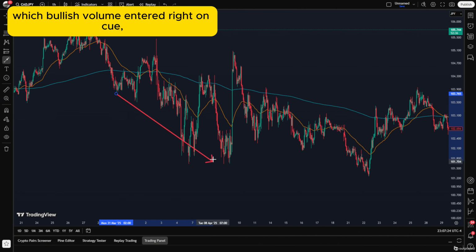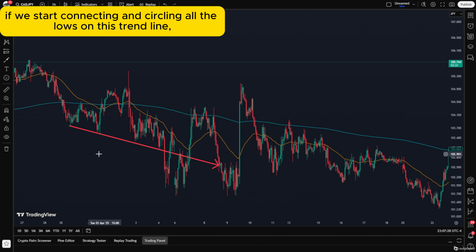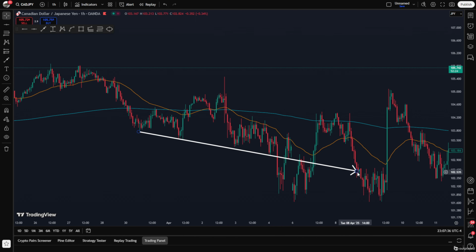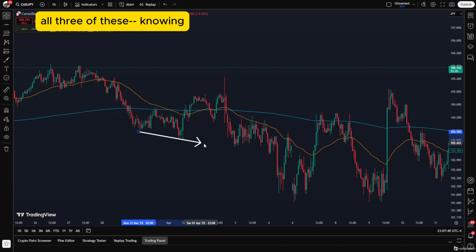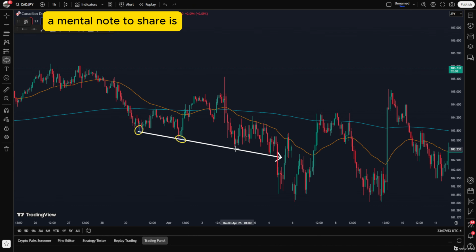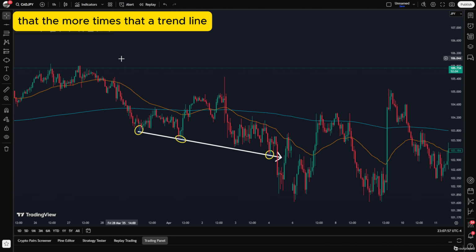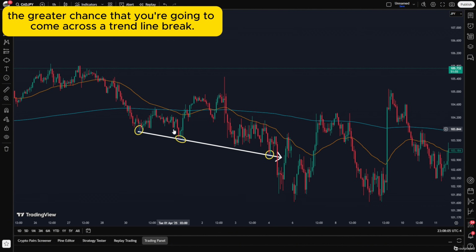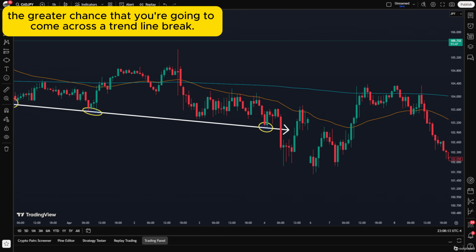If we start connecting and circling all the lows on this trend line, all three of these, knowing that this trend line has been used several times already, a mental note to share is that the more times that a trend line has been used, either as a support or a resistance, the greater chance that you're going to come across a trend line break.